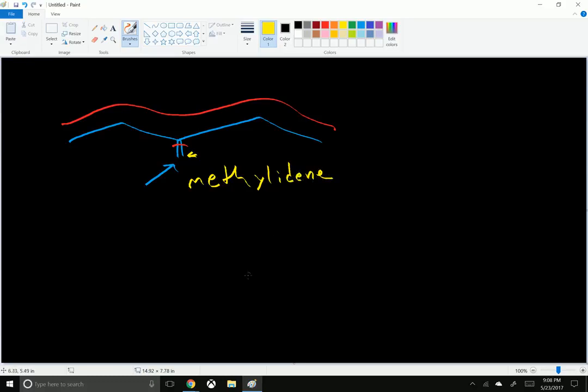Idene. When there's a double bond in between the side chain and the main chain, it's an ylidene rather than just an yl. So it's on the 3rd carbon, so 3-methylidene pentane. That is how you name a side chain that's attached via a double bond to the main chain.